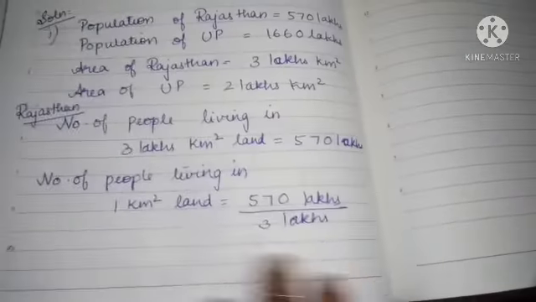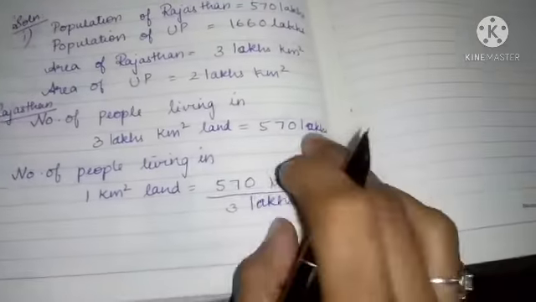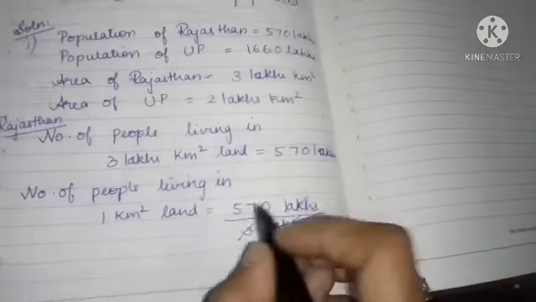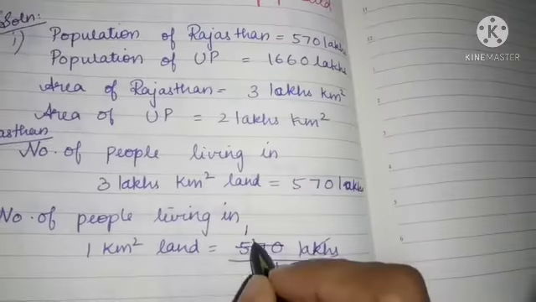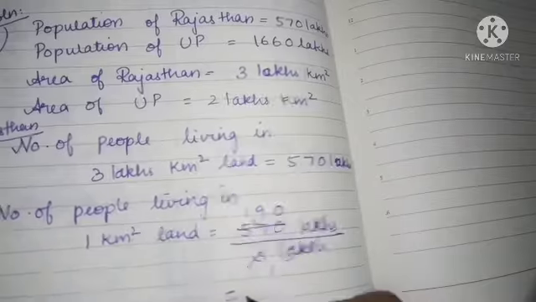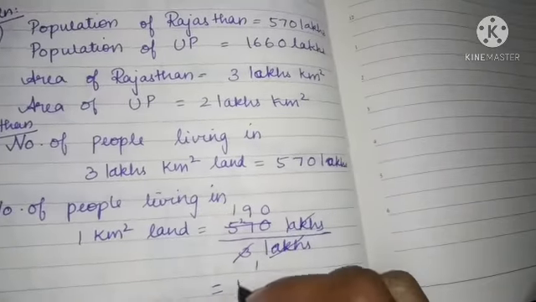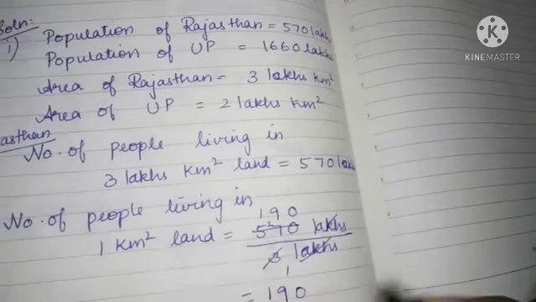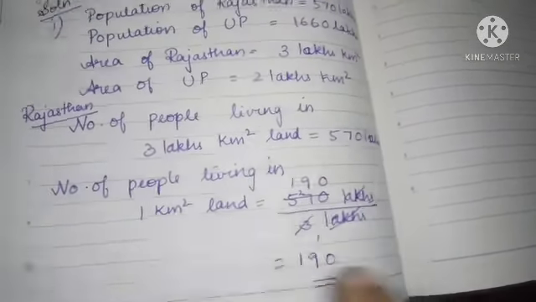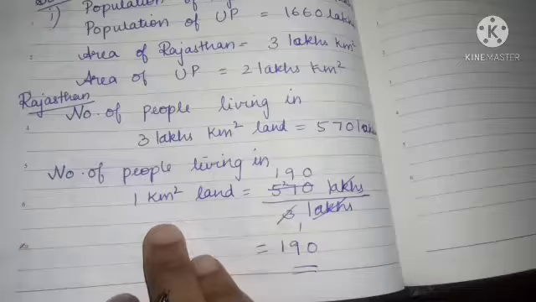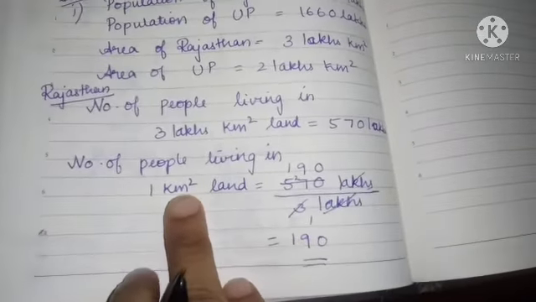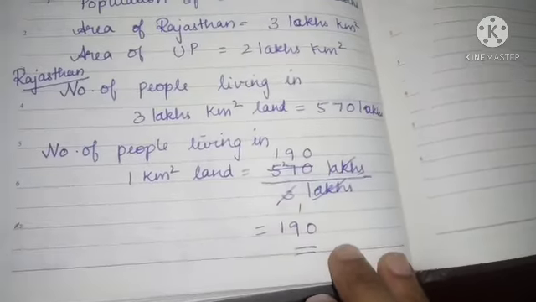Lakhs cancel. 3 ones are 3, 3 9s are 27, 0. So 190 people are living per kilometer square, not 190 lakhs, since lakh got cancelled. So in Rajasthan, 190 people are living per kilometer square.